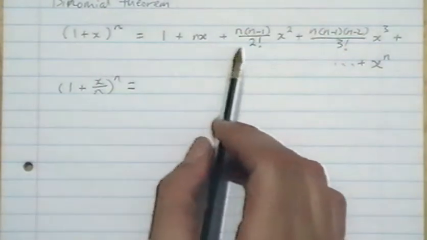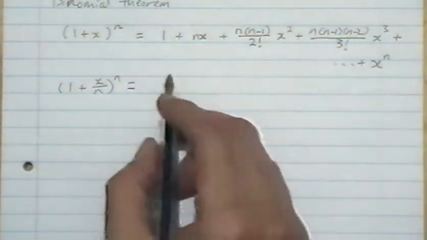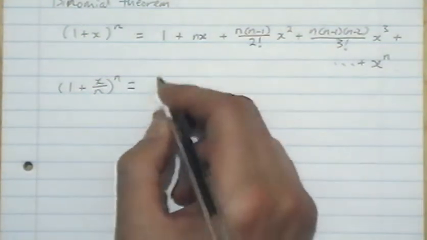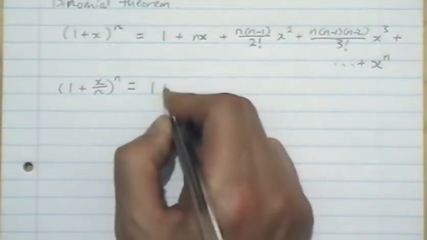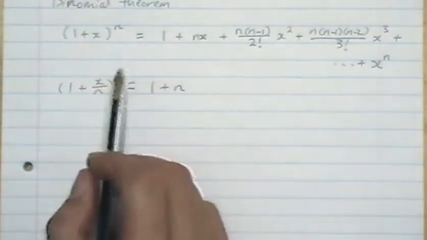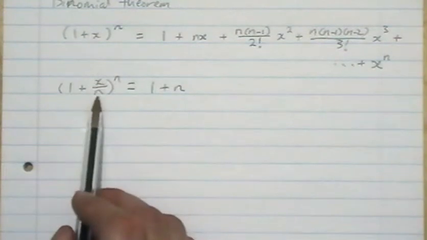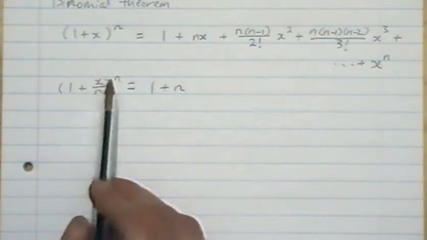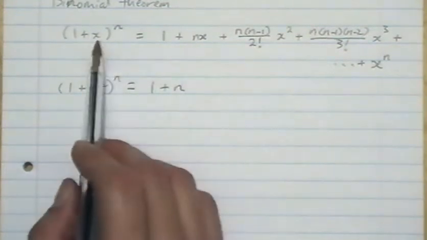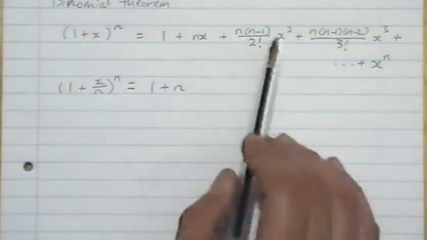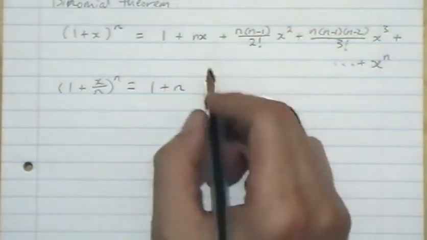Applying this formula, I get 1 + n, now instead of x, I have x over n. So x over n, I need to substitute into the x here, here, here, and so on.